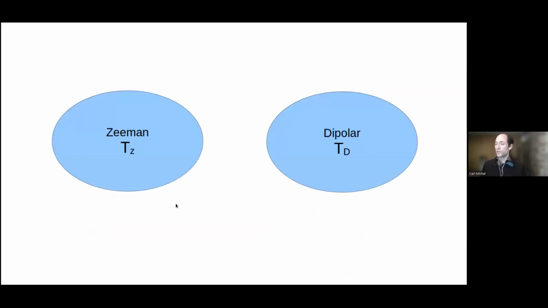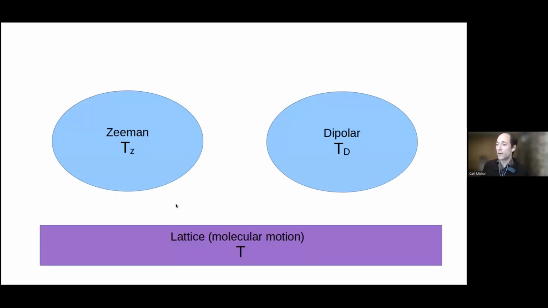And so if we think about these two different reservoirs, each of them can have a temperature, and the temperature, again, is related to these quantities we just talked about. There's another temperature in the system, and that's the lattice temperature. The lattice temperature is what you probably think of as the temperature, right? This has to do with molecular motion, how fast molecules are tumbling and diffusing and wiggling and all the rest of that. And then we have these relaxation processes, the things that bring these other thermodynamic pools into thermal equilibrium with the lattice.